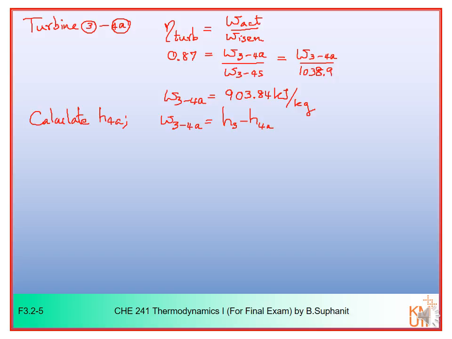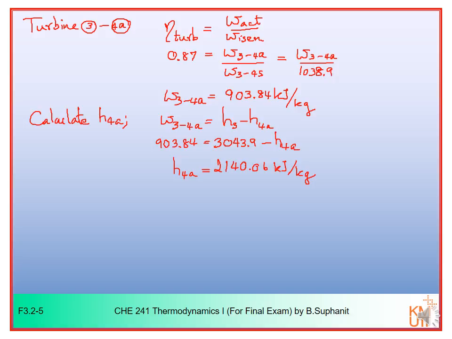So substitute all the values that we have. W34A, which is 903.84, equals H3, which we already have from the previous example, 3043.9, minus H4A. So here we have H4A equal to 2140.06 kilojoules per kilogram.